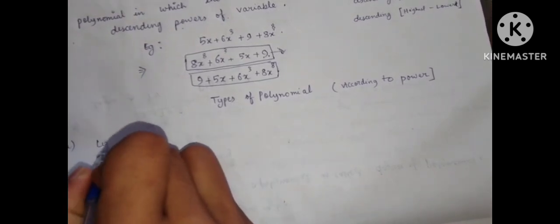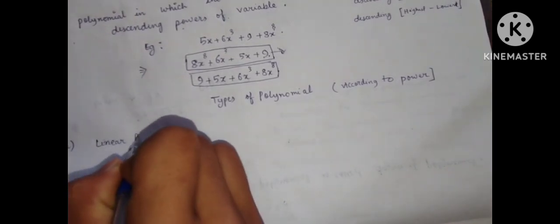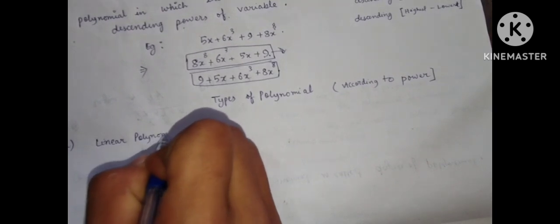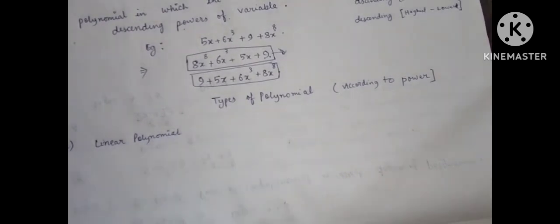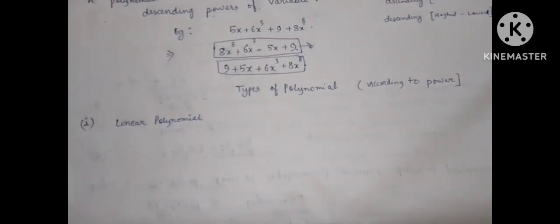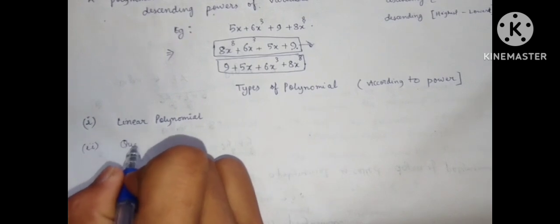Let us see. First of all we have linear polynomial, in the first case. After linear polynomial we have quadratic, in the second case.